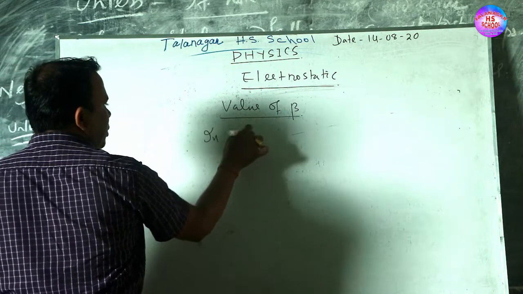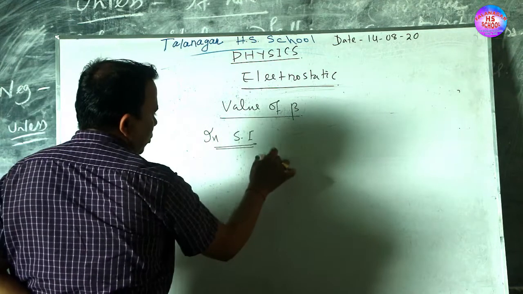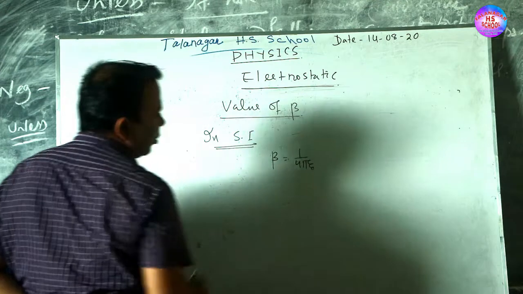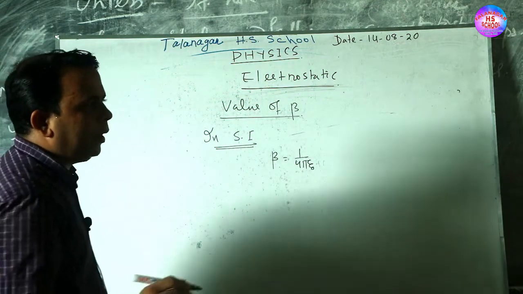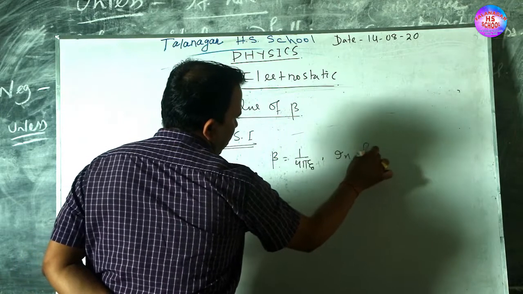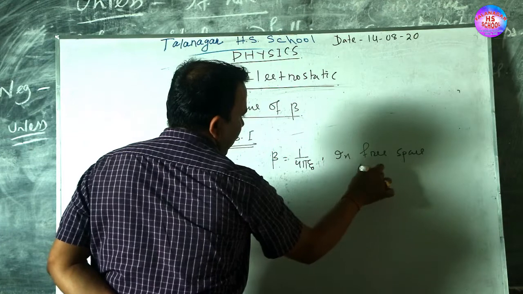in SI system, beta is equal to 1 by 4 pi epsilon naught when the two charges are placed in air or free space. Free space means air.